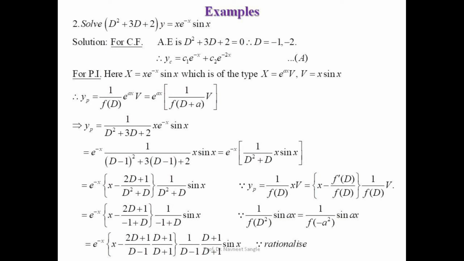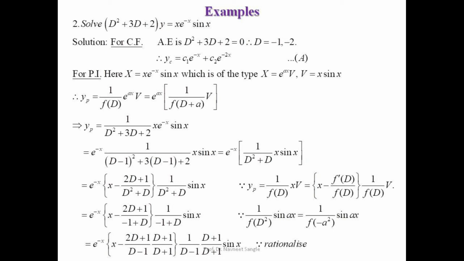It states that 1 upon f of D into e raised to ax into v is equal to e raised to ax in bracket 1 upon f of D plus a into v. That means add the term a to the operator D. So this is the formula we are applying, which is our type number 5. Now let's apply this formula.